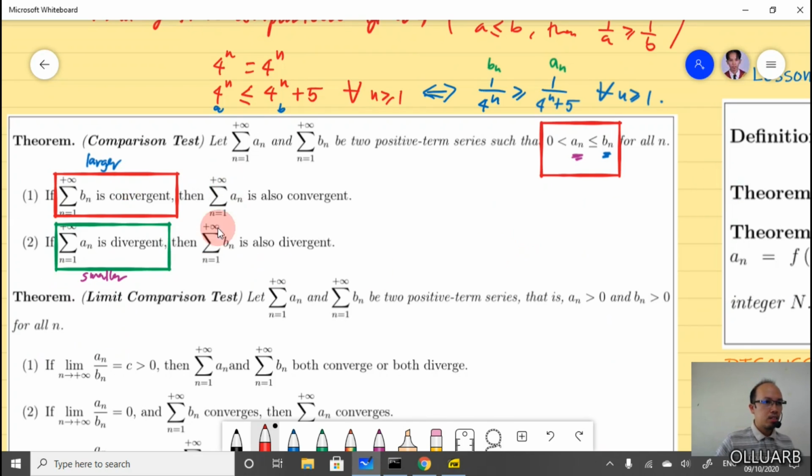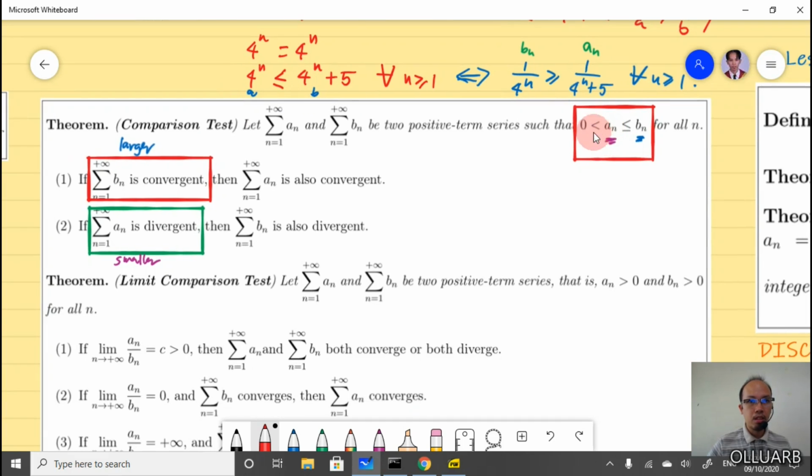Again, if the larger is convergent, the smaller is convergent. If the larger is divergent, then the smaller is divergent. That's for the comparison test. All you have to do is to satisfy this condition.